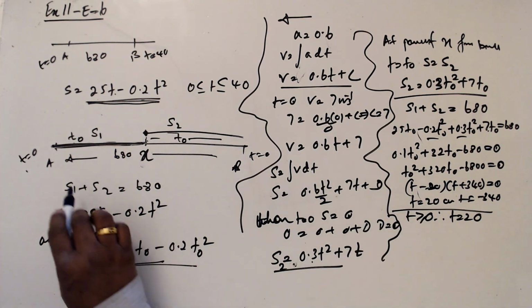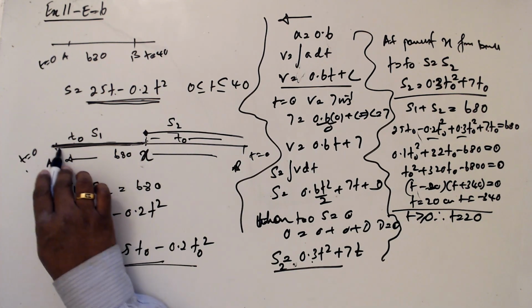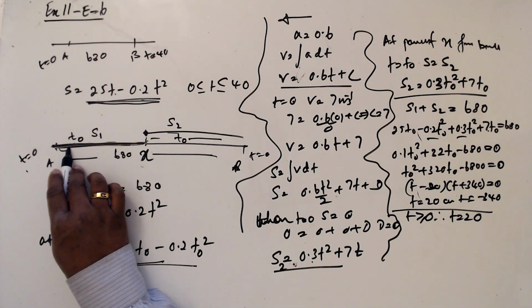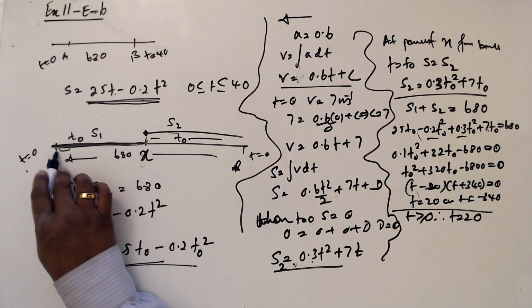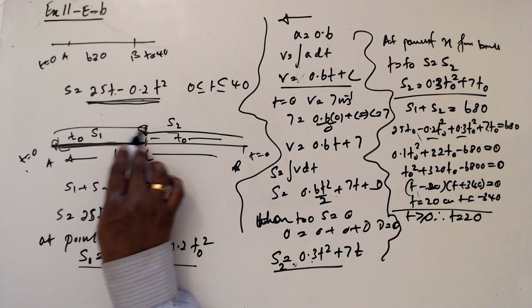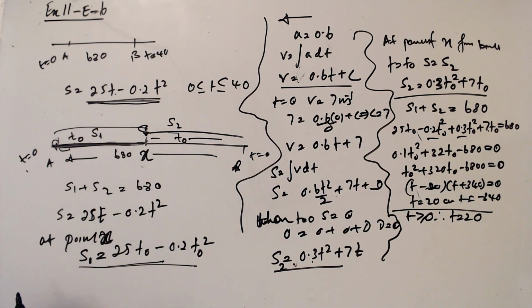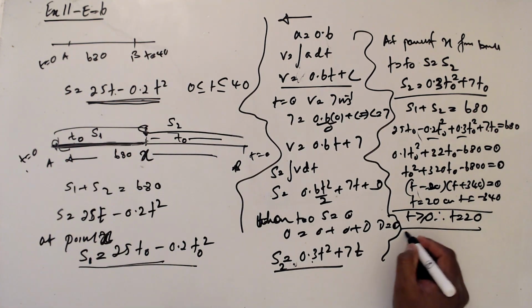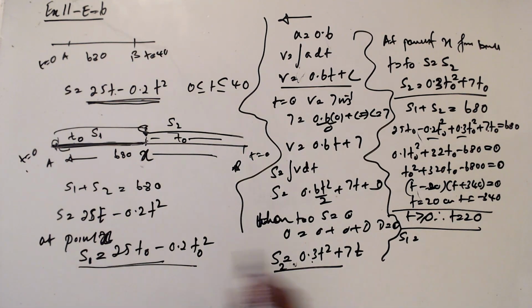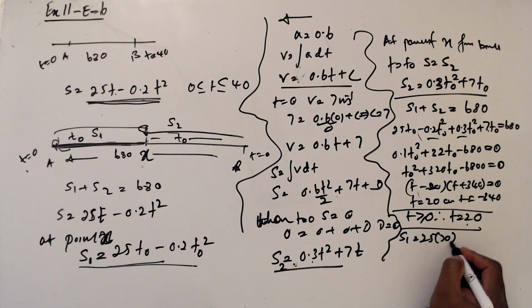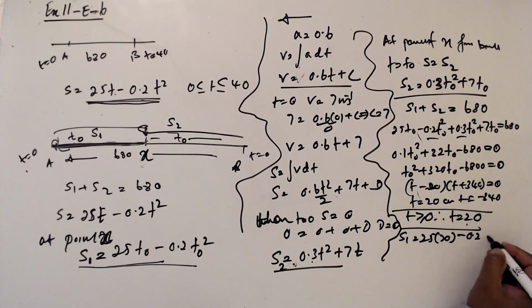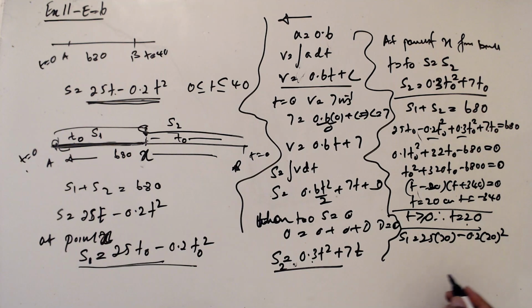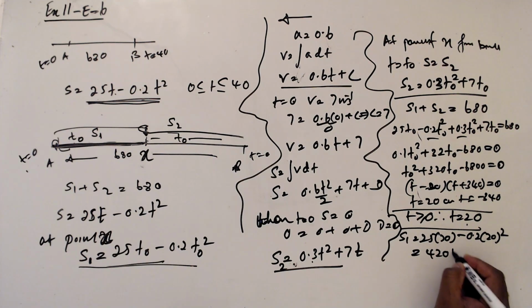So now we need to find the distance from A to the bird. So the distance from A, the bird is here. Basically we need to find the S1 distance. So S1 equals 25 times 20 minus 0.2 times 20 square. So this is going to be 420 meters.